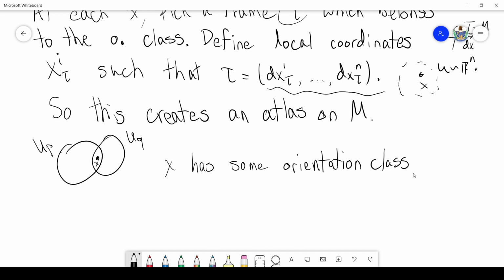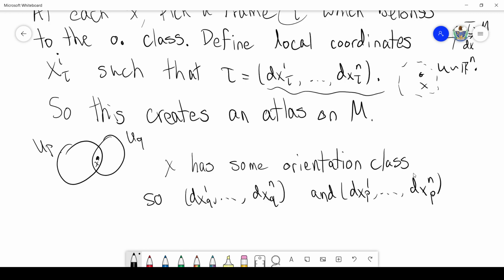And so the frames inherited from one region and the frames inherited from another region must be in the same class.